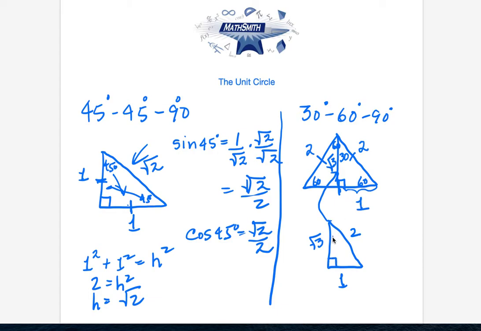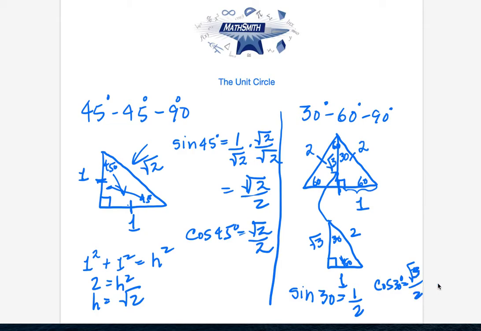So if I wanted to know what the sine of 30 degrees is, that's the length of the opposite side divided by the hypotenuse, so that's 1 over 2, which equals 1/2, right? Cosine of 30 degrees is adjacent over hypotenuse, so that's the square root of 3 over 2.